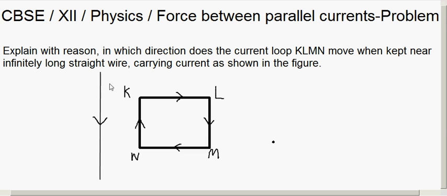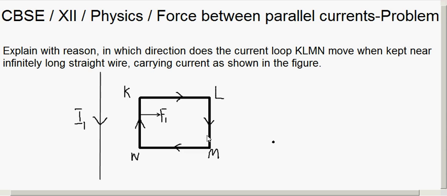The current in this side you may consider as I1. The currents are in opposite directions, and when the currents are flowing in opposite directions, the force between the two conductors is repulsive in nature. So this force will be acting like this. I can say that F1.